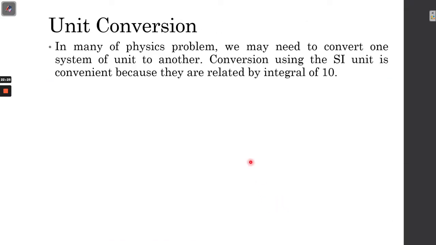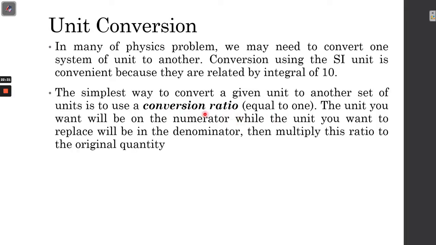What we do is we create what we call a conversion ratio. In many physics problems, sometimes we need to convert SI units. We need to convert nanometers to meters and vice versa, etc. SI units are used because it's quite convenient to do these unit conversions, because a lot of them are related by integer powers of 10.